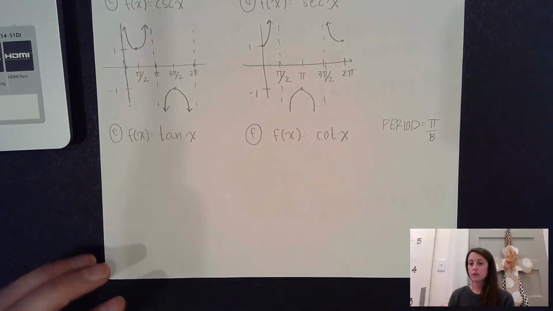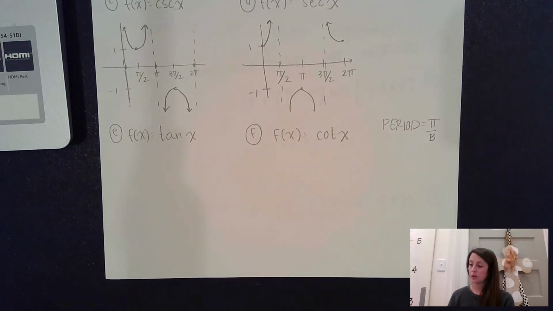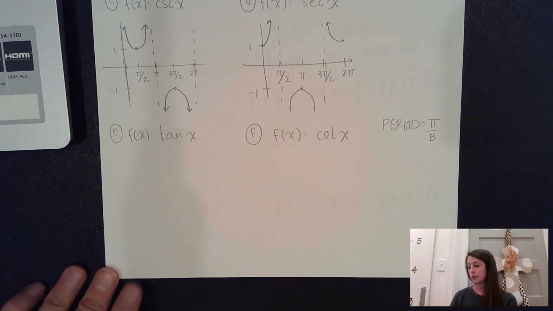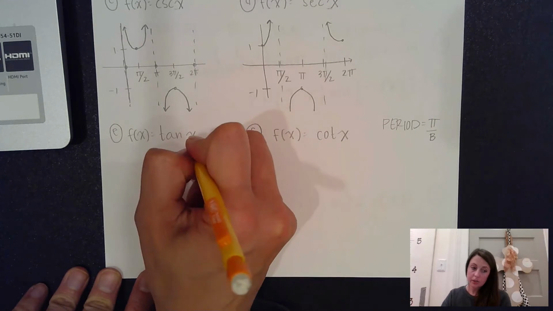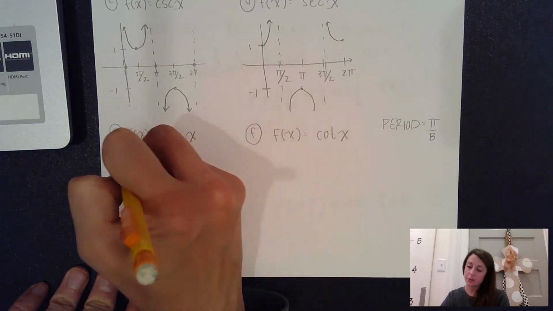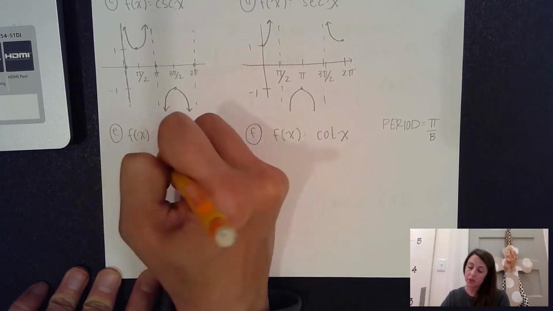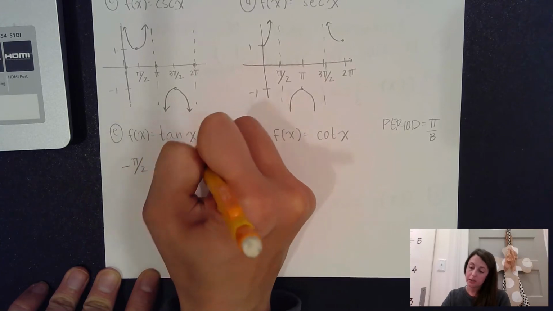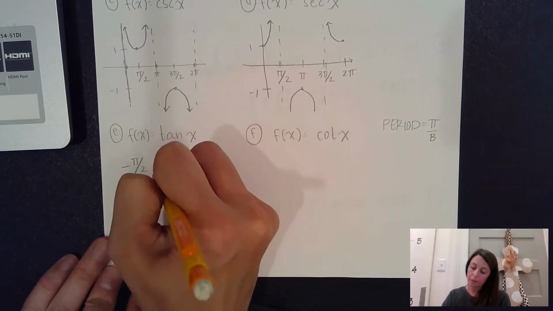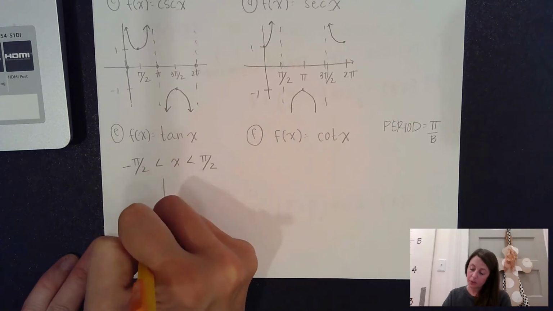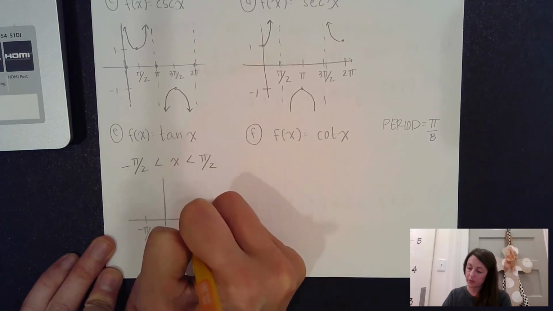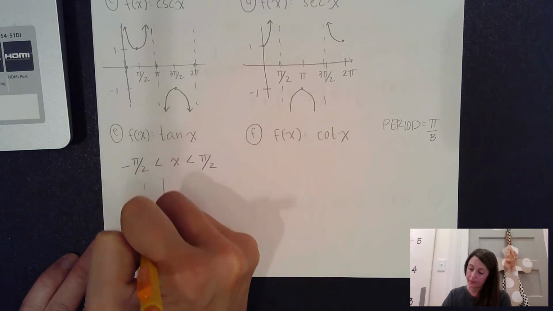So a lot of y'all missed that on your test when you had to show your work, so be careful about that. So tangent of x, remember, is going to have your asymptotes between -pi over 2 and pi over 2. So at -pi over 2 we will have an asymptote, and at pi over 2 we will have another asymptote.